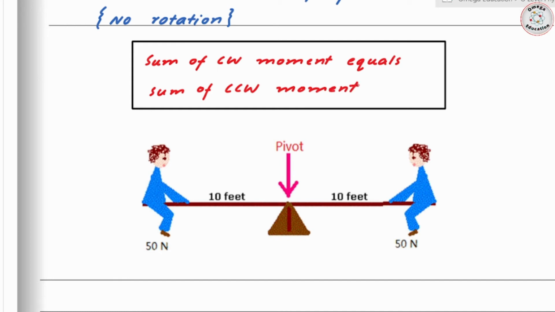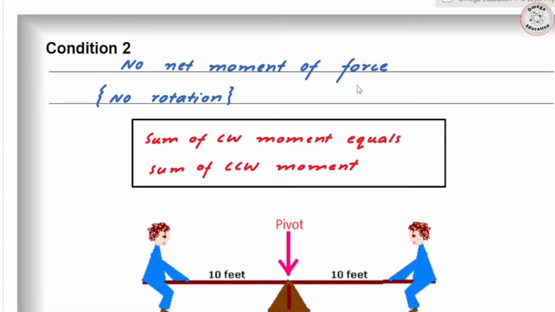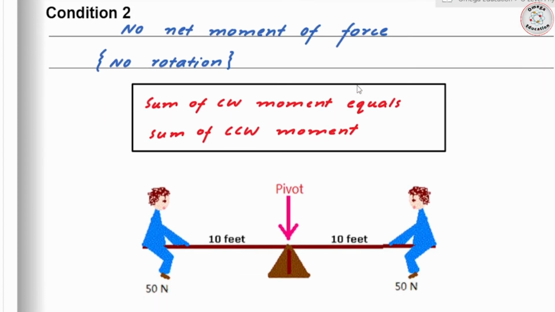In that case, the object would also be satisfying the second condition of equilibrium. And if the object satisfies both these conditions, number one, there should be no net force, number two, there should be no net moment of force, then we can safely say the object is in equilibrium.